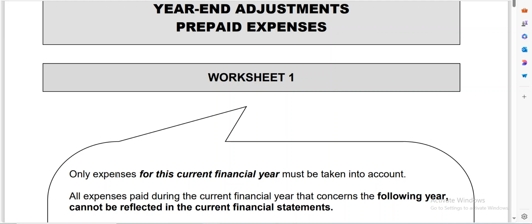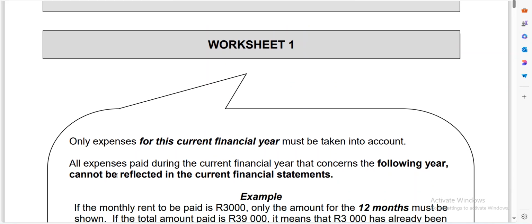Okay. Now here they're saying that all expenses paid during the current financial year that concern the following year cannot be reflected in the current financial statements. If we've paid for an expense that is supposed to happen next year, but we paid for it in this current financial year, it's not supposed to appear in our current financial statements.